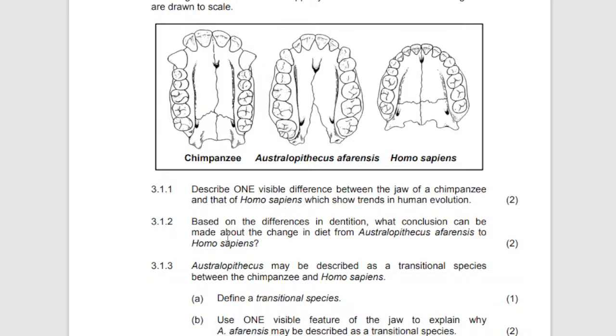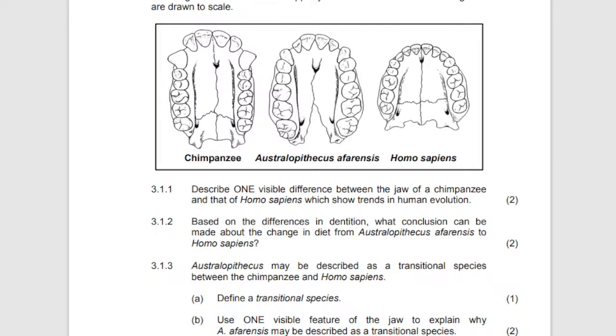Yes. Based on the difference in the dentition, what conclusion can be made about the change in the diet of the Australopithecus afarensis to Homo sapiens? If you look at the shape, if you look at the dentition, let's go back and see the dentition clearly.